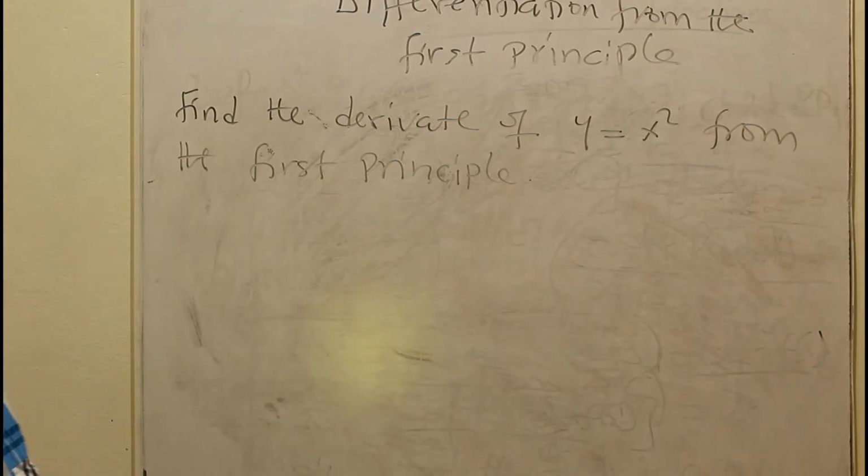We have to find the derivative of y equal to x squared from the first principle.